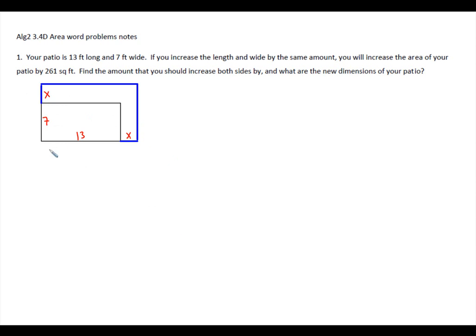So that means this side is going to be x plus 13, because it was 13 before, and then we just added x amount. And the other side is going to be x plus 7.